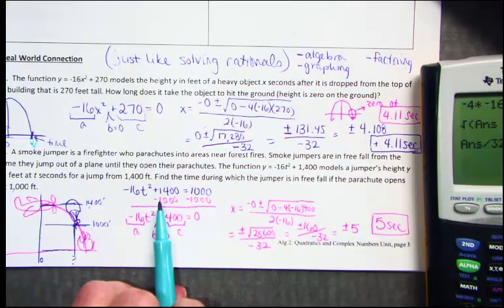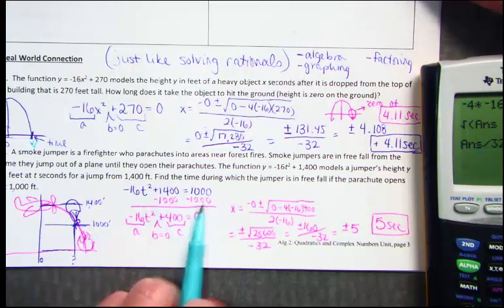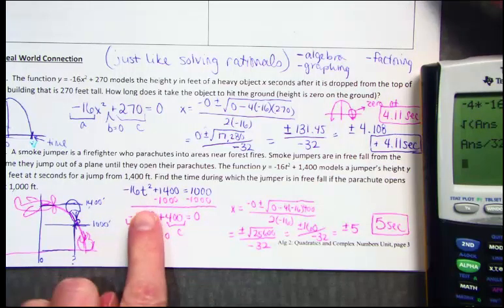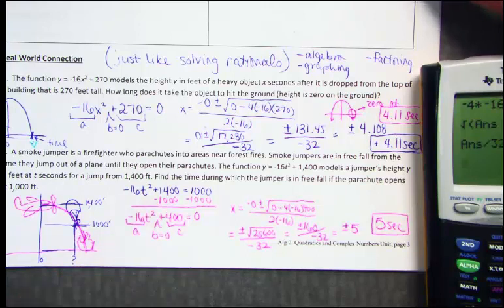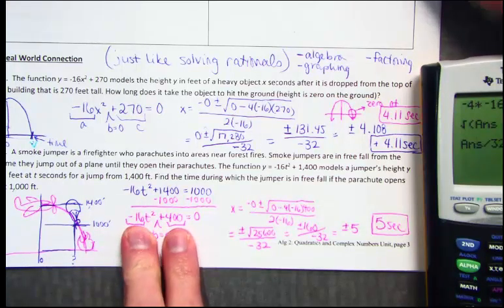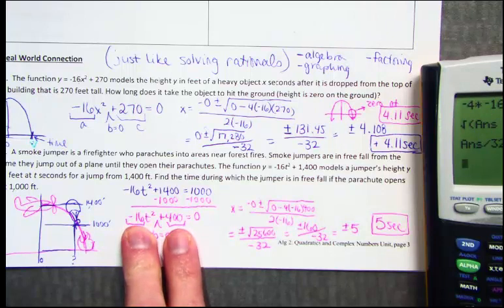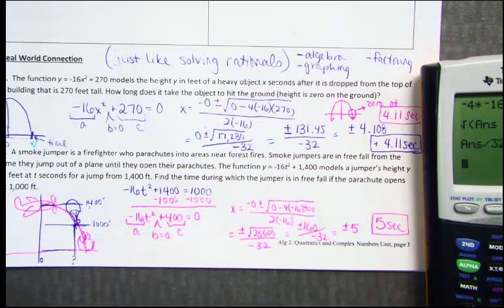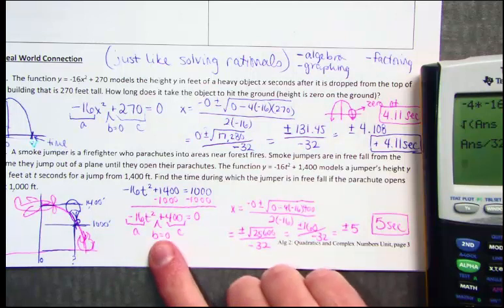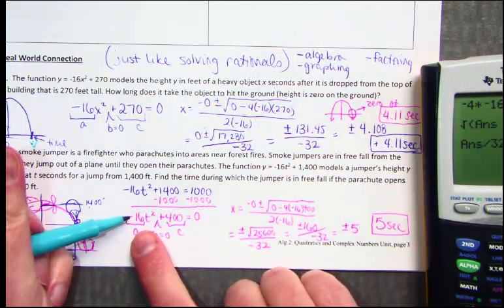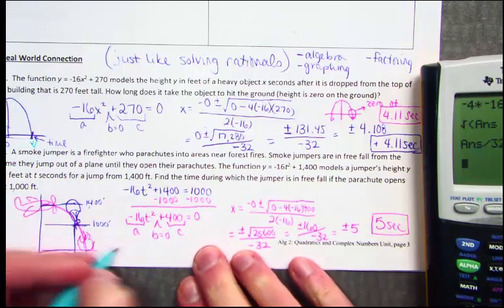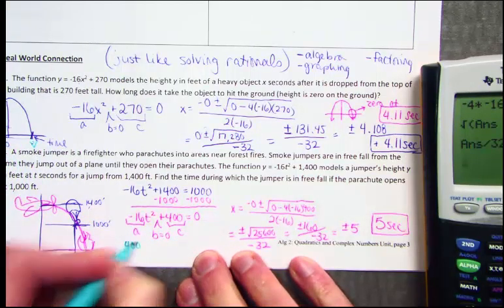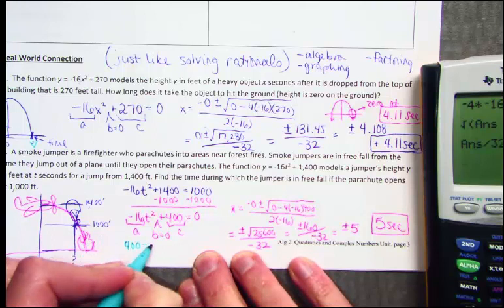If you'd like to see it solved that other way I was talking about, where we could move everything over, because we only have one variable in one place here. If we took it from this point right here, let's say I added the 16t squared to both sides. Having a positive 400 equals a positive 16t squared.